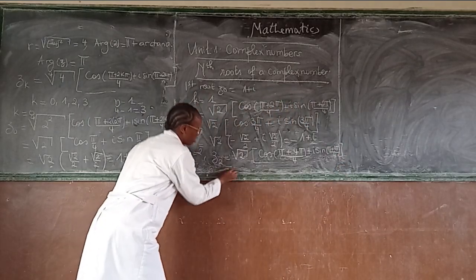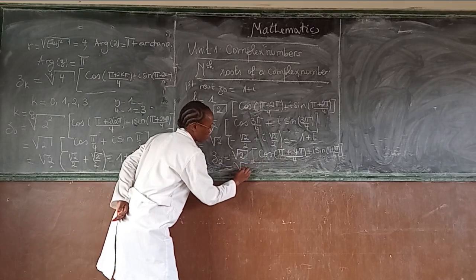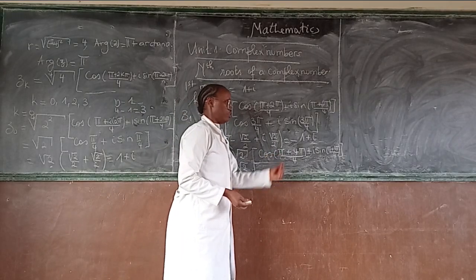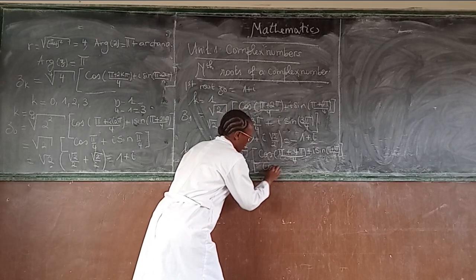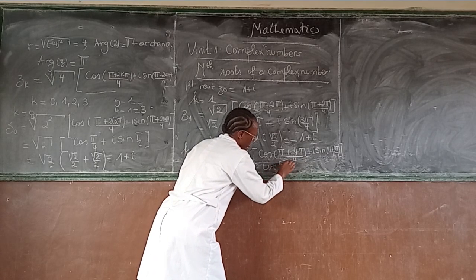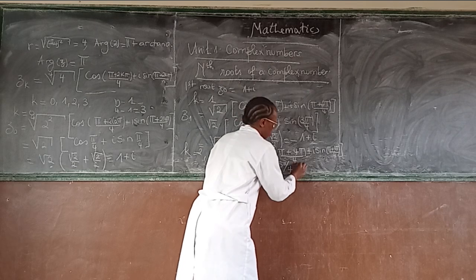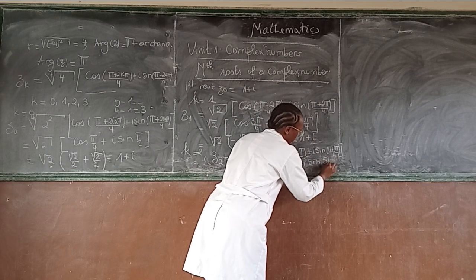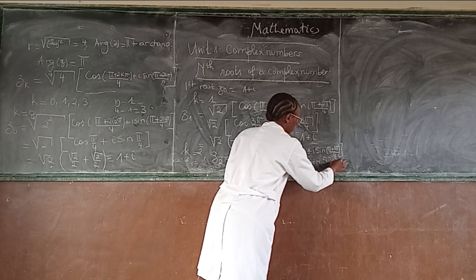So this will give us the square root of 2, pi plus 4 pi, we have cosine of 5 pi over 4 plus i sine 5 pi over 4.